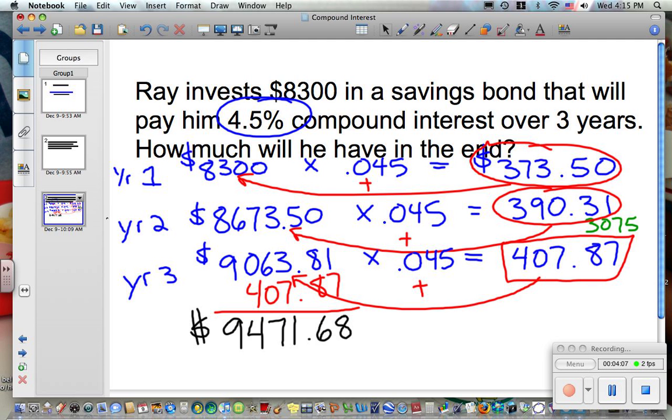So that's how much you would have with compound interest in 3 years, paying 4.5% on an initial investment of $8,300.